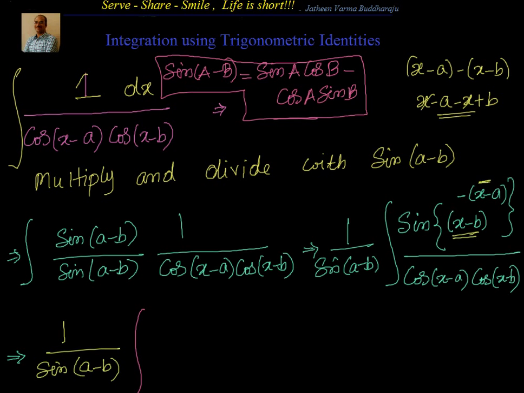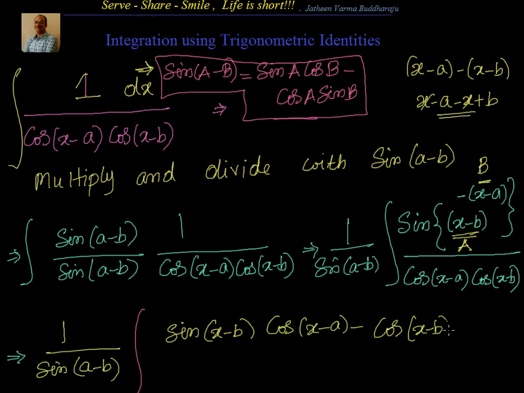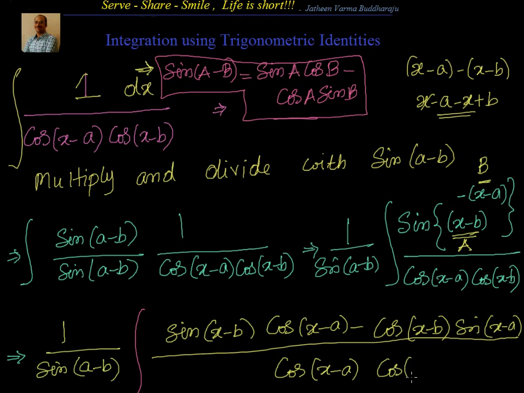After that, sin of a minus b: this is my capital A and this is my capital B. The formula is here, so we have sin a cos b. Can I write it as sin of x minus b cos of x minus a minus cos of x minus b into sin of x minus a, whole thing divided by cos of x minus a into cos of x minus b. Now we'll try to separate them and see what happens in the next step.